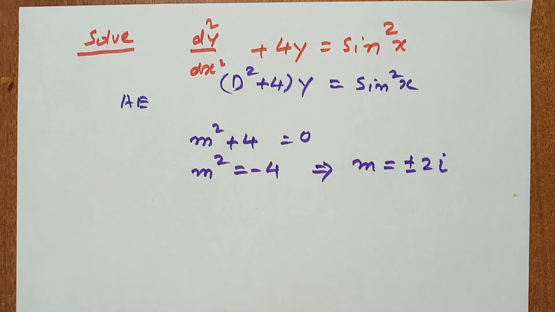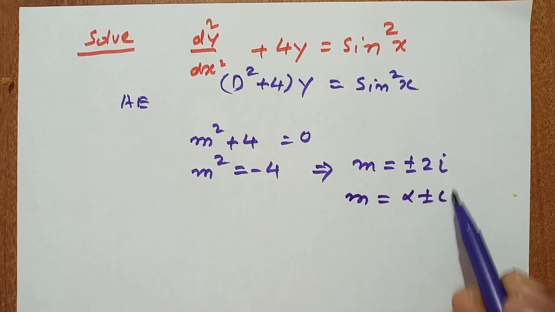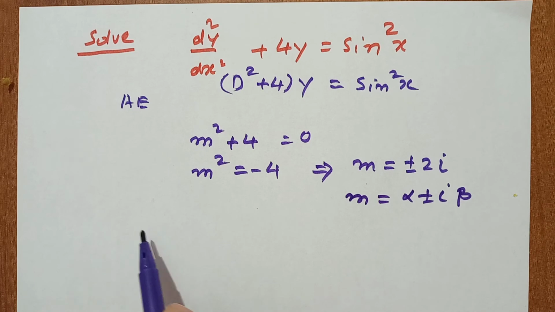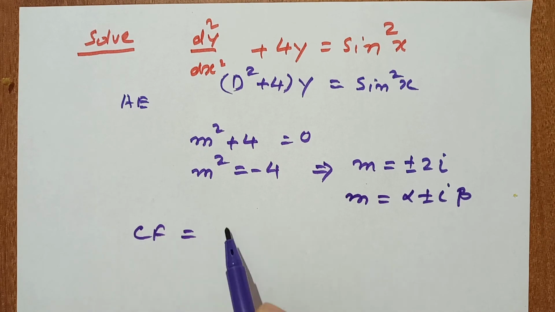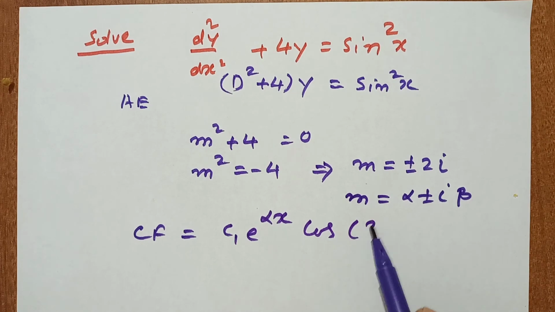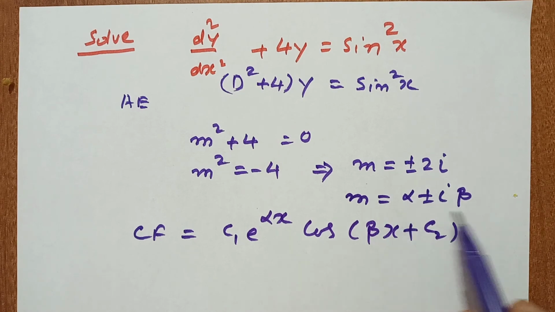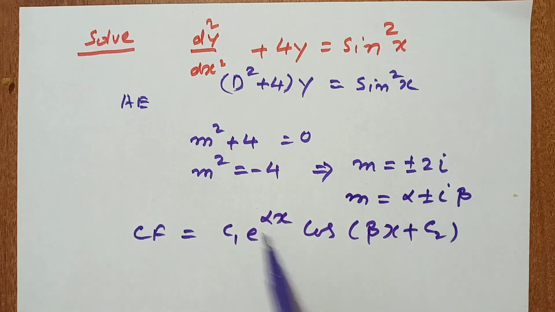Okay, so as you know we have explained, when the value of m is alpha plus minus i beta, the complementary function is c1 e to the power alpha x cos beta x plus c2 sin beta x. Okay, when the value of m is alpha plus minus i beta, then the formula of CF is this.